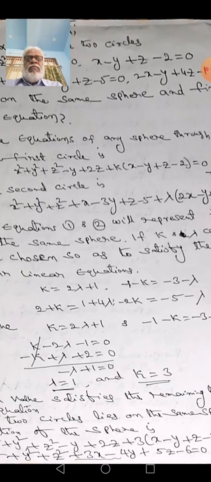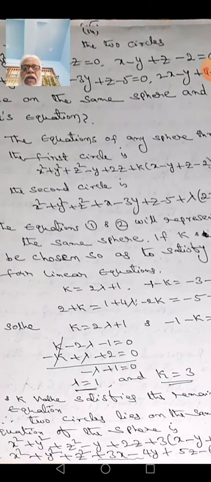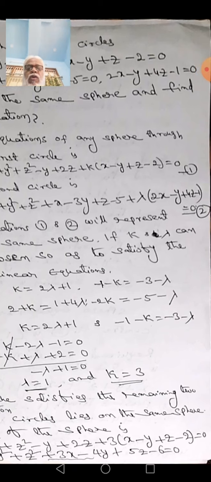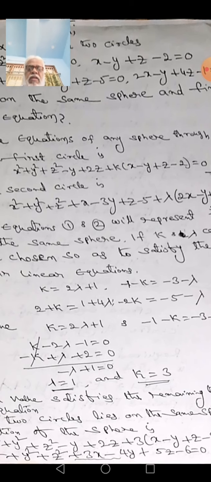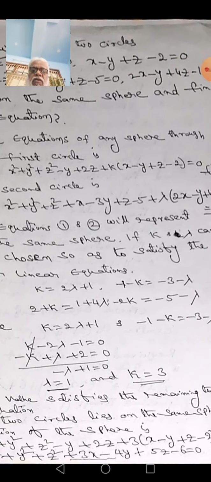If lambda is equal to 1 and k is equal to 3, substitute them in the remaining equations, that is 2 plus k is equal to 1 plus 4 lambda, or minus 2k is equal to minus 5 minus lambda. If both equations are satisfied by the lambda value and k value, then we say that they lie on the same sphere.